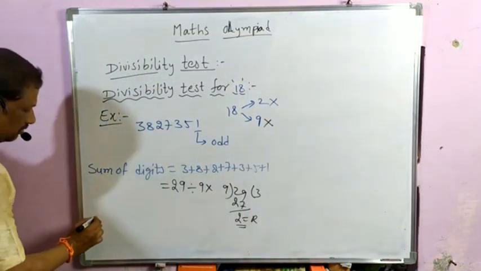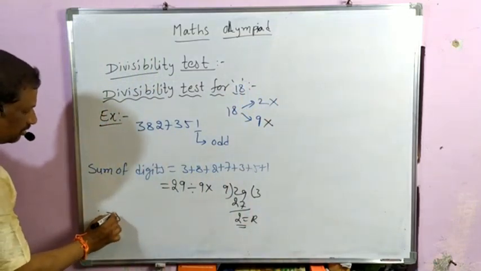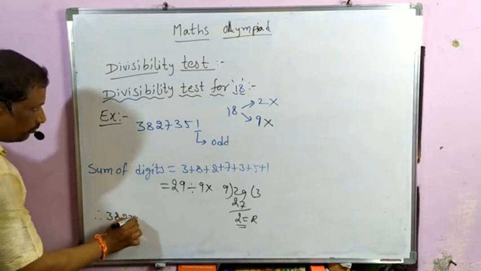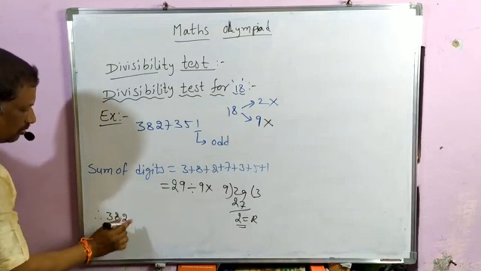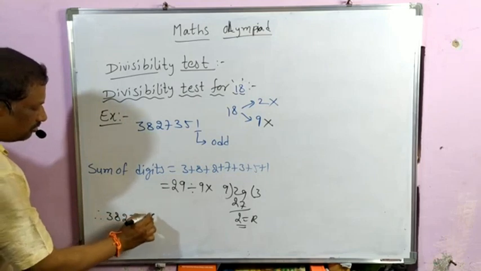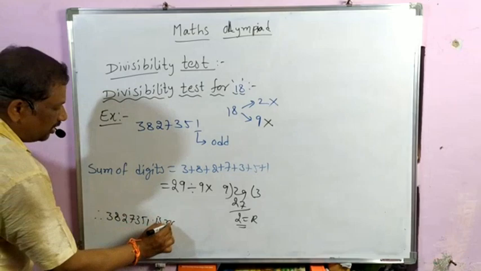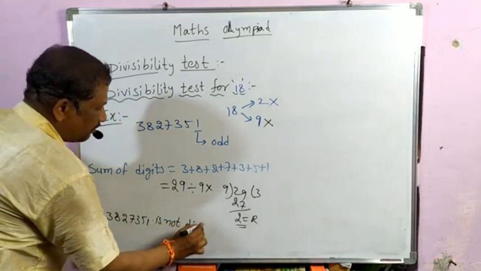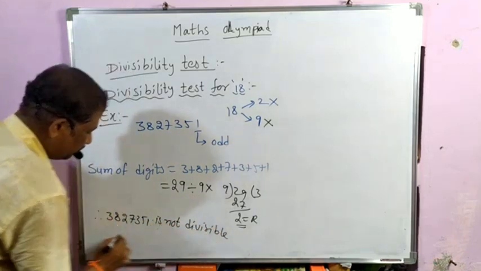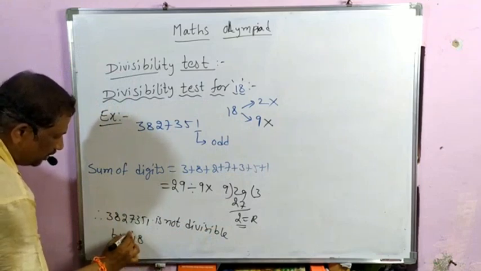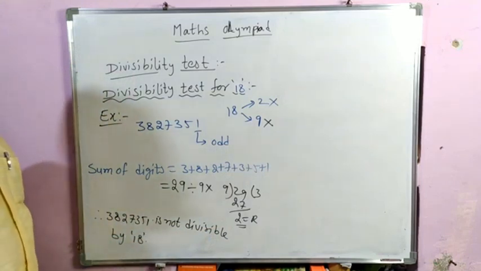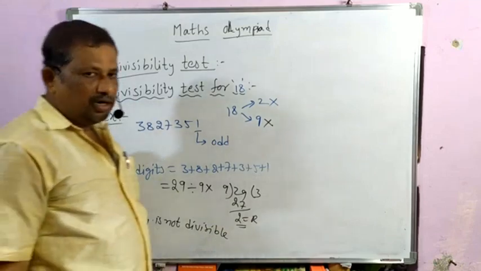Therefore, 3, 8, 2, 7, 3, 5, 1 is not divisible by 18. Clear?